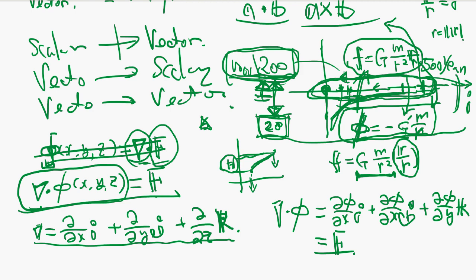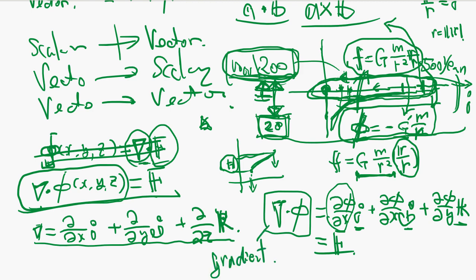Okay, so this partial derivative is a coefficient of the I vector, j vector, and k vector, and nabla phi is called the gradient operator. So the gradient operator works on a scalar like a potential energy.